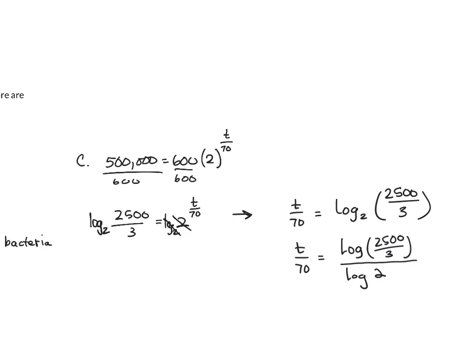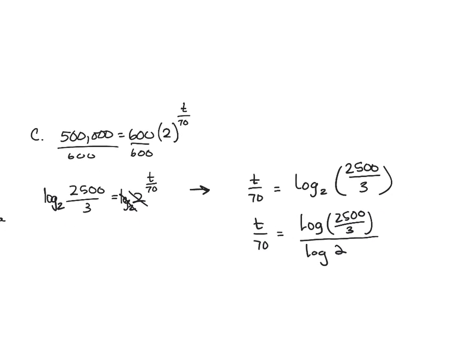I'm going to figure out what this is first before I multiply the 70 over. The last step is to multiply the 70 over. So I'll figure out what this is approximately on a calculator. It's 11.287 approximately. So t over 70 equals 11.287.